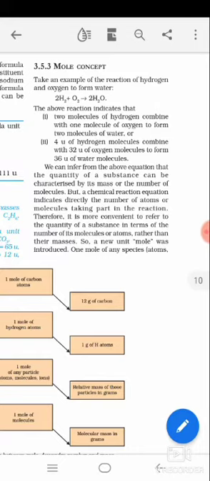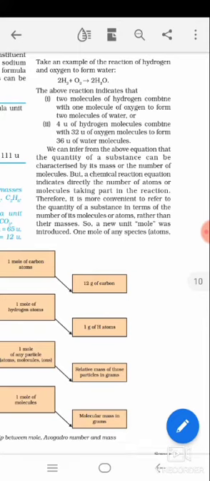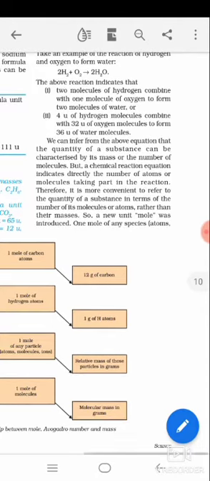So that means we can describe an equation in terms of both number and mass. But a chemical reaction equation directly indicates the number of atoms or molecules taking part in the reaction. We are not always writing the mass here.